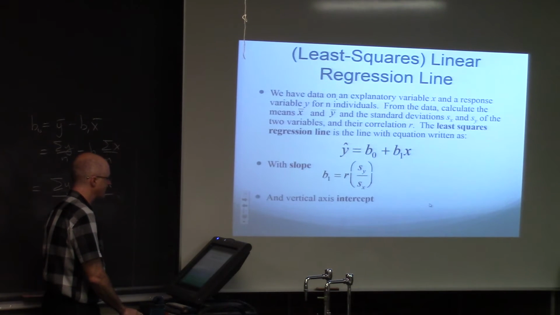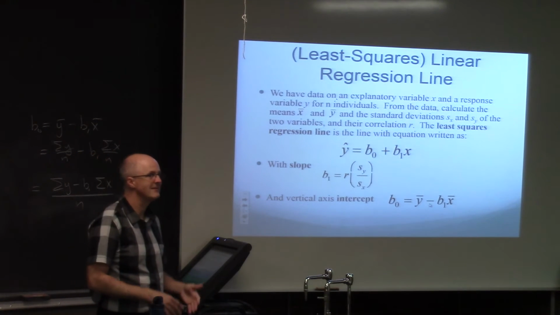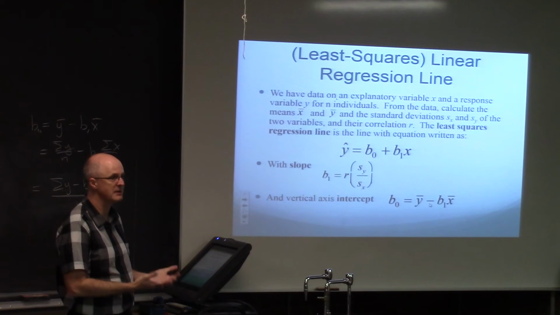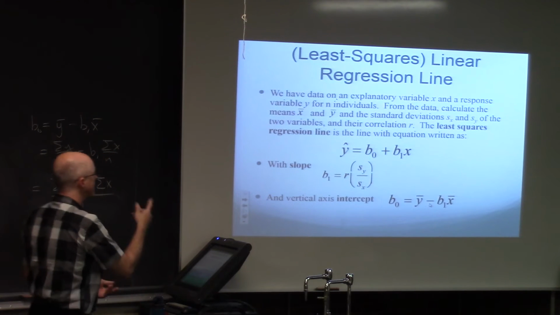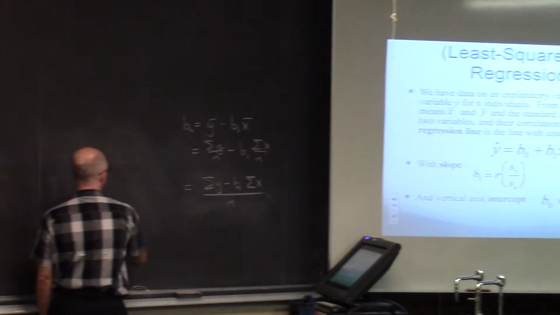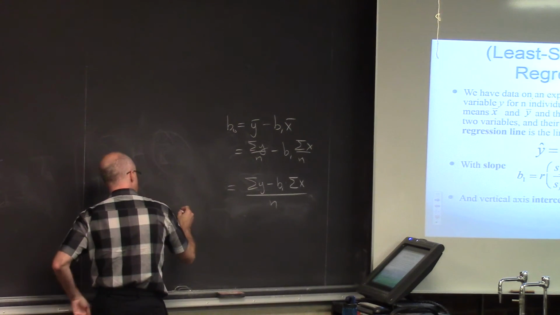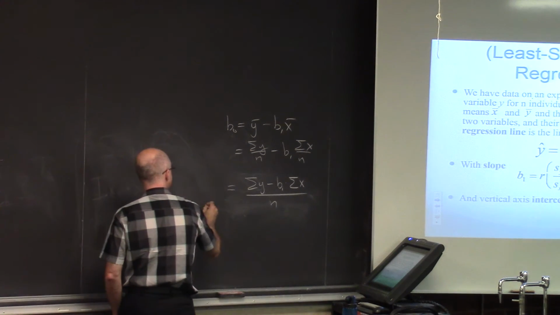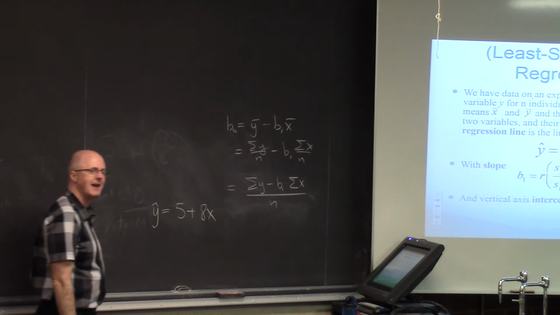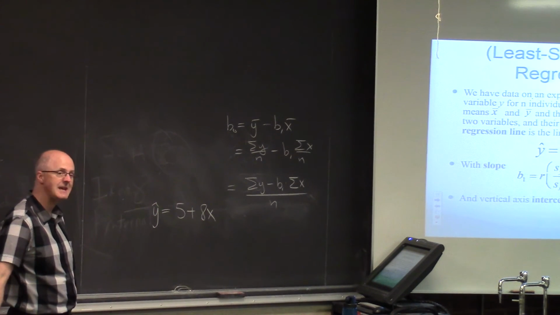Here were the formulas for the regression line that we used before. You should, for the quiz today and possibly next week, be able to use these formulas, not only to find the slope and the intercept, but also once you've got the regression equation, to use the regression equation itself. Just to make up an example on the spot, what if the regression equation is y hat equals 5 plus 8x, and I asked you to find the predicted value of y when x was 3?